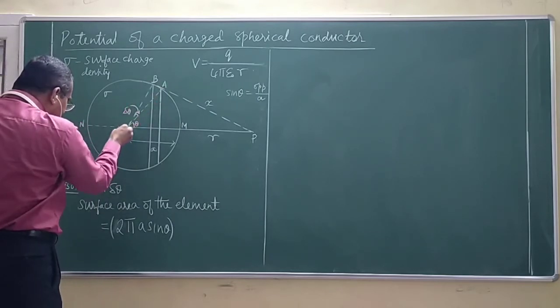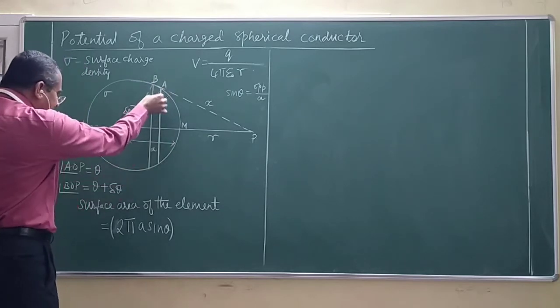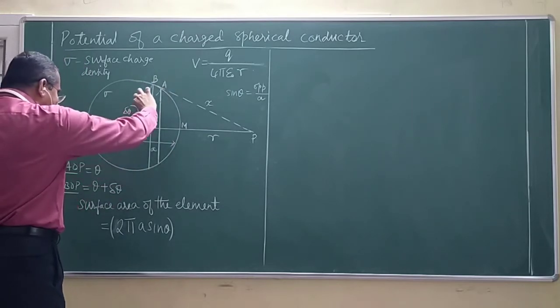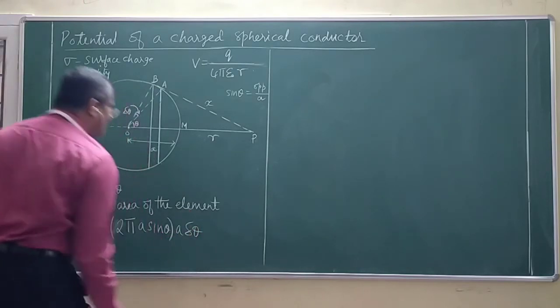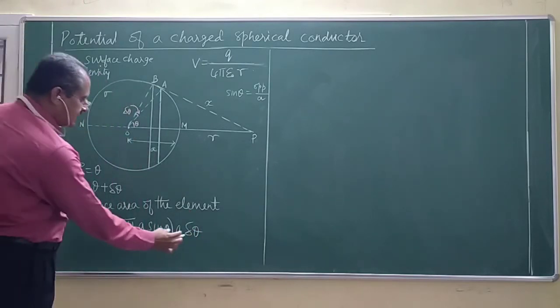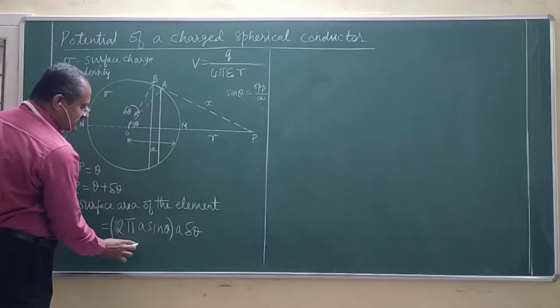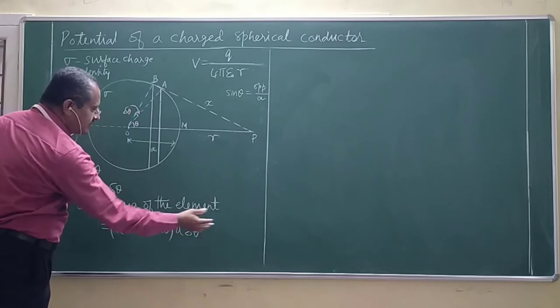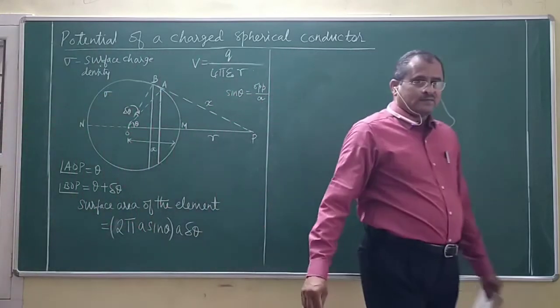If you look, this portion AB looks like an arc. If A is the radius and the angle subtended is del theta, A into del theta will give me the thickness. Therefore, circumference into A del theta will give you the surface area of the element. Finish. As simple as that.